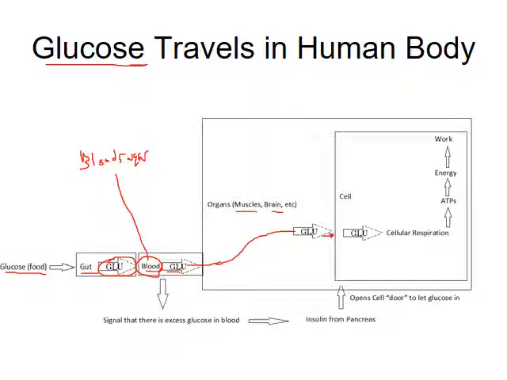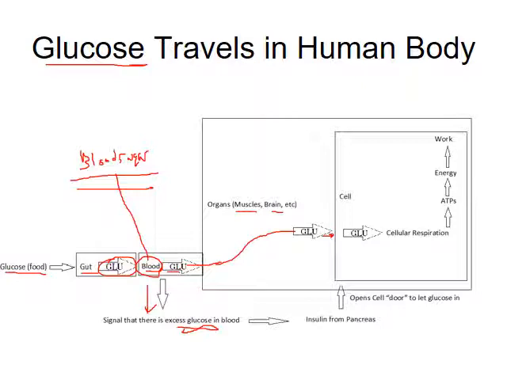Okay, now there's a problem here, is that the cells just don't let anybody in. There has to be an invitation to come in to the cell. So what happens is that when this blood sugar, as the level of glucose gets higher and higher in the blood, it sends a signal to the brain. It says, we have food sugar and we need to have it put into your cells.